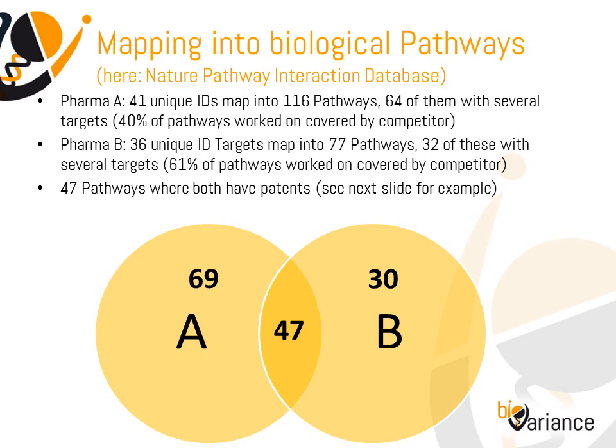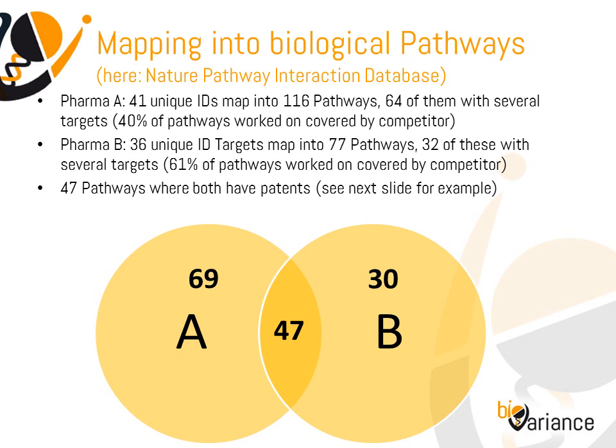If we now do the statistical comparison based on biological pathways, one can see that from Pharma A, 41 unique IDs map into 116 distinct pathways, where in 64 cases they have several targets within the same pathway.